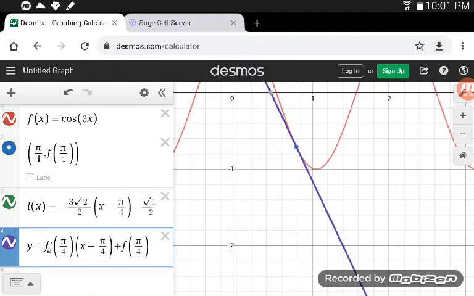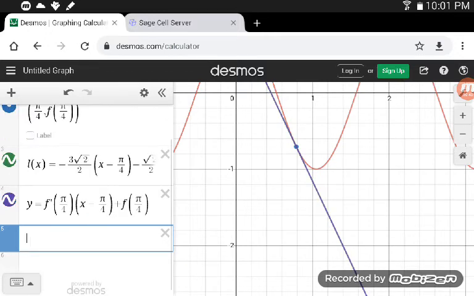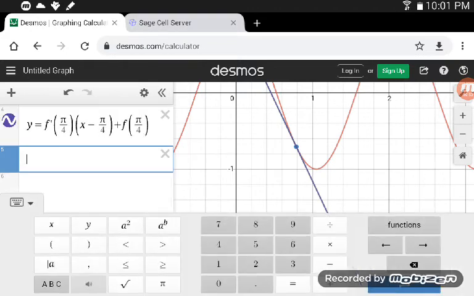It doesn't tell me what the derivative is, but I certainly have the tangent line there. I could determine what that slope is simply by evaluating f prime.